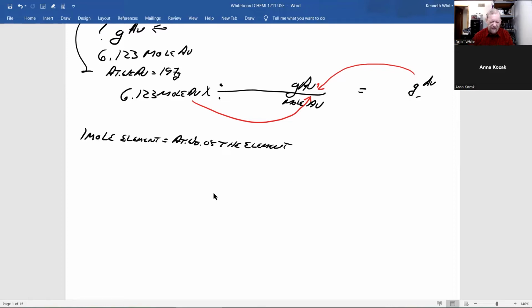And therefore, let me remind you, if you have A equals B, there are 2 ratios you can derive from that. These are not equal, they're separate ratios. So we know 1 mole of an element, in this case gold, equals the atomic weight, which right here we figured out is 197 grams. I don't have to write that again.